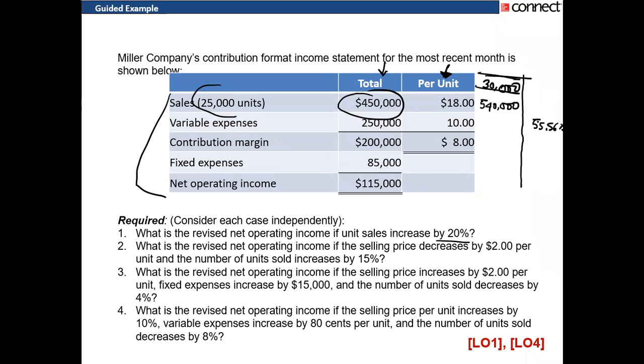Okay, so you are applying the total value you are getting in the calculator for the variable expense ratio.